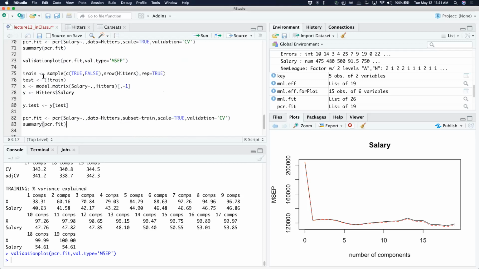So what I'm doing here is I'm going to create a training set and a testing set. And essentially it's going to take half the data to train on and half the data to test on. And it's done randomly by making a new vector of trues and falses.